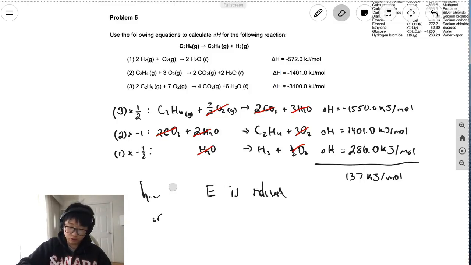So you kind of need to do a stoichiometry. I don't think we need to go through that. Basically, you're going to turn the grams into moles and then multiply it by the 137, because this is saying for every 1 mole of the C2H6, you are producing 137 kilojoules of energy. That seems a little ridiculous, actually.